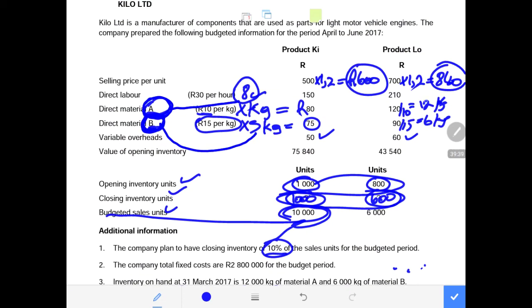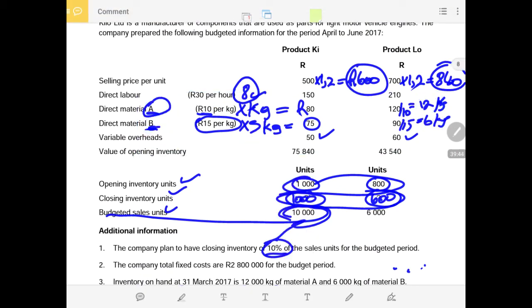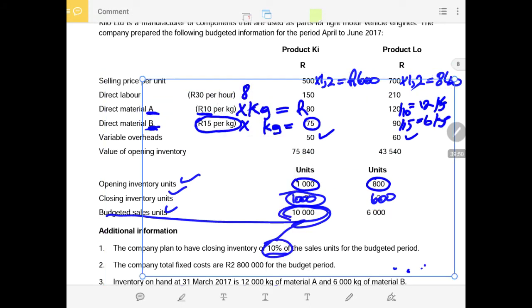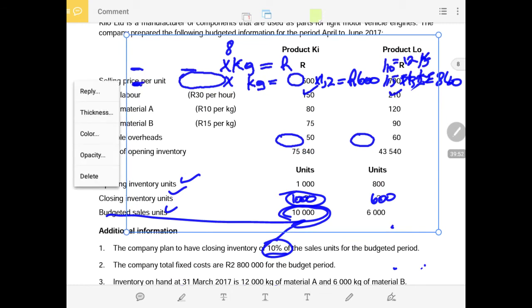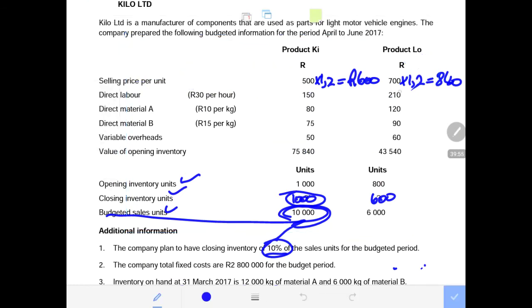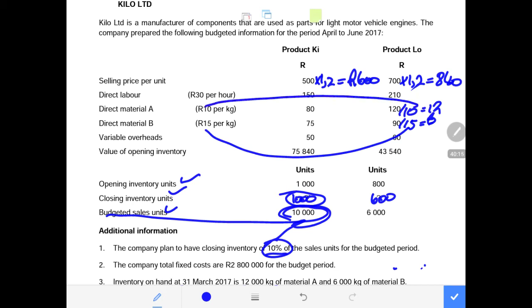We said it is 12 kgs and 6 kgs, if you remember that one. That 12 kgs and 6 kgs came very easily, we did very easy calculations. We said 120 divided by 10 rand and 90 divided by 15, and this gave us 12 and this gave us 6. So that's where this came from. The 10 rand is the cost per kg of material A, and the 15 is the cost per kg of material B.